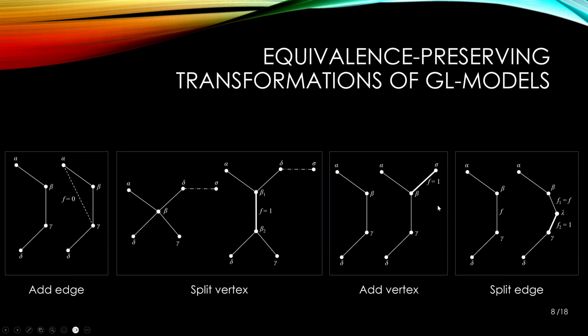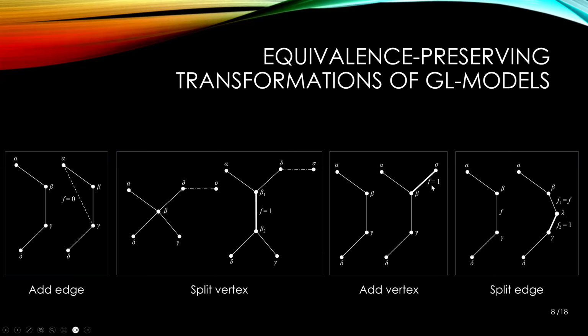And also a new vertex can be added to the graph, and it can be connected to any existing vertex by an edge with a trivial edge function f equal to constant 1, like here. Here is a new vertex that was connected to this vertex with an edge with trivial function f equal to 1.